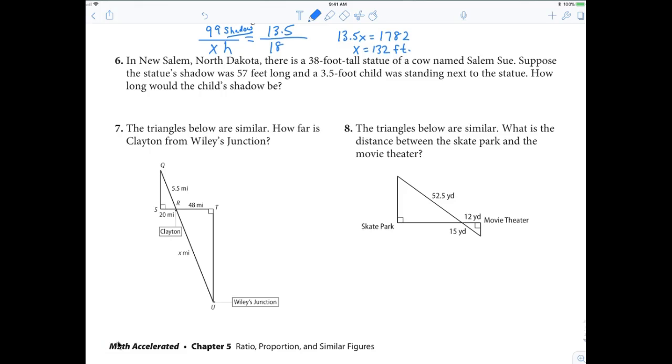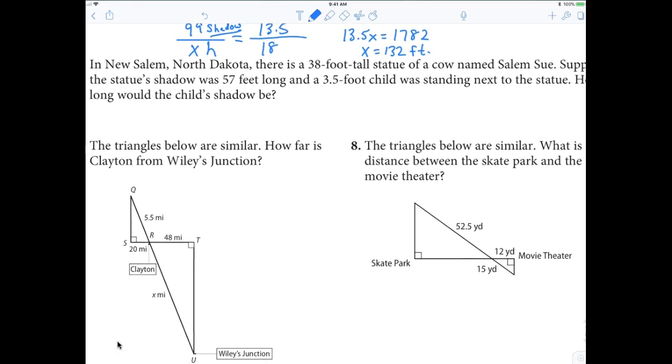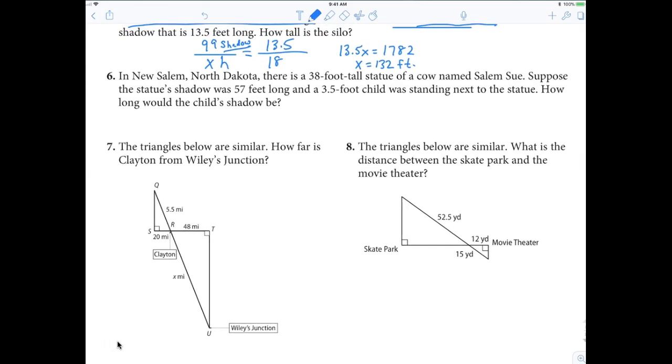Okay. So the shadow would go on top. So what shadow am I doing? The shadow is 57. Good. So she put 57, and then she put S next to shadow, over what? And then you would put 38. That's correct. And 38 represents the height. There you go.